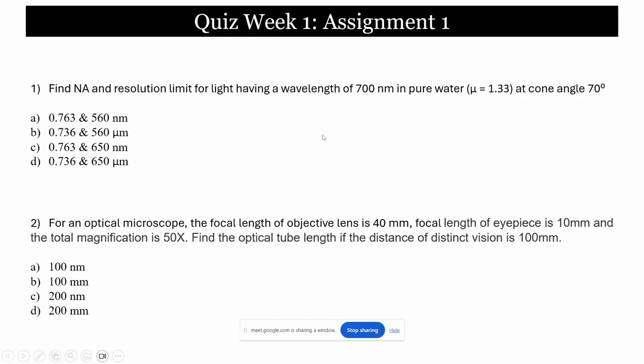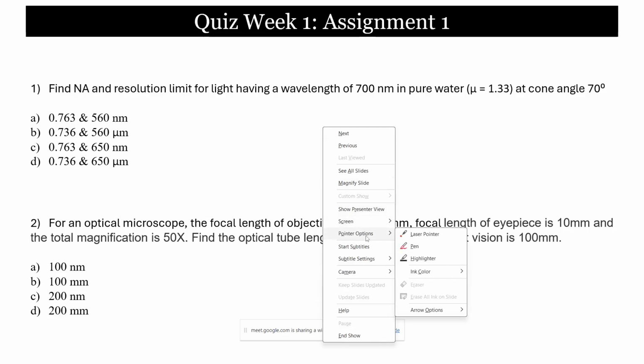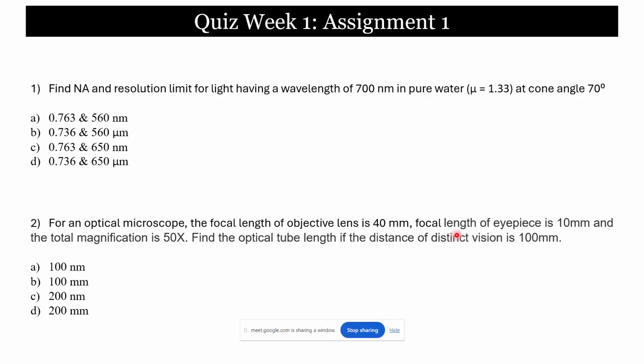So then we'll move to the quiz of the first week, where they have asked: find the numerical aperture and the resolution limit for light having a wavelength of 700 nanometer in pure water, where mu is equal to 1.33, and a cone angle of 70 degrees.